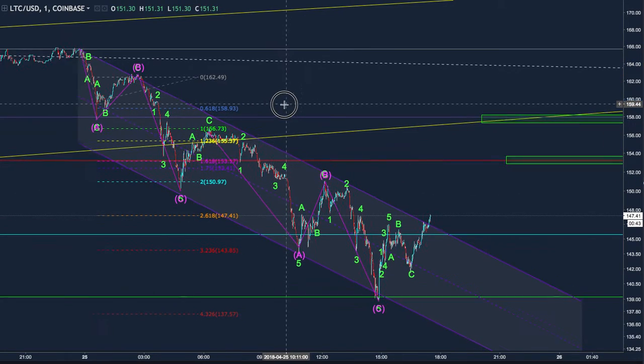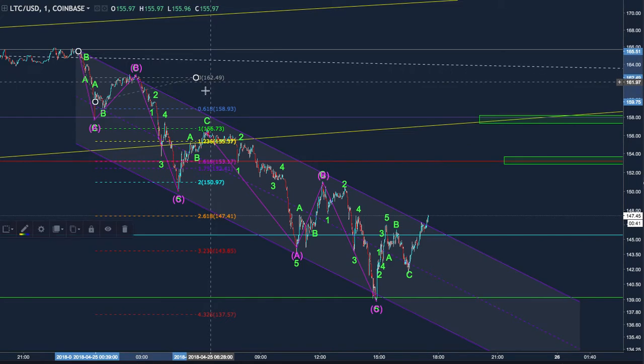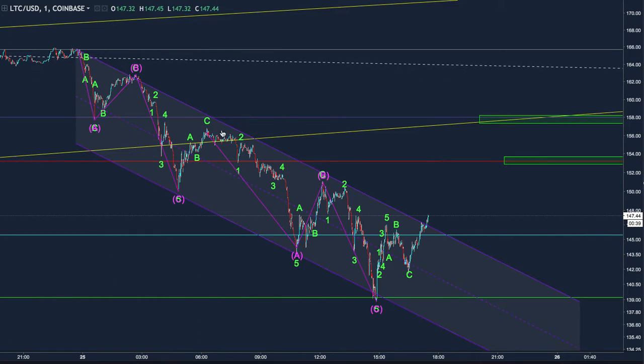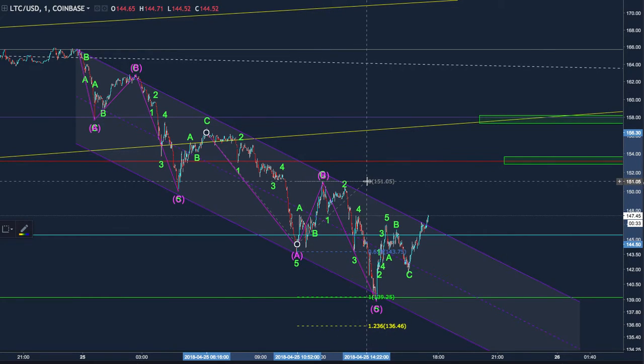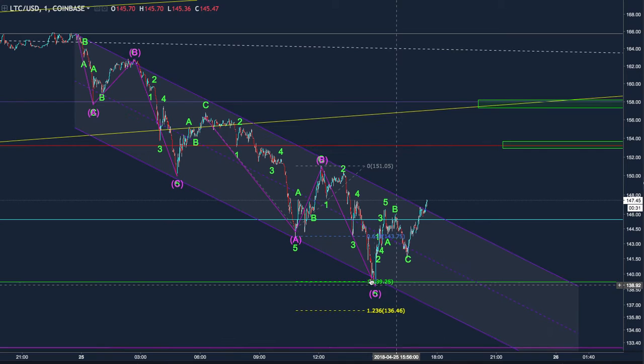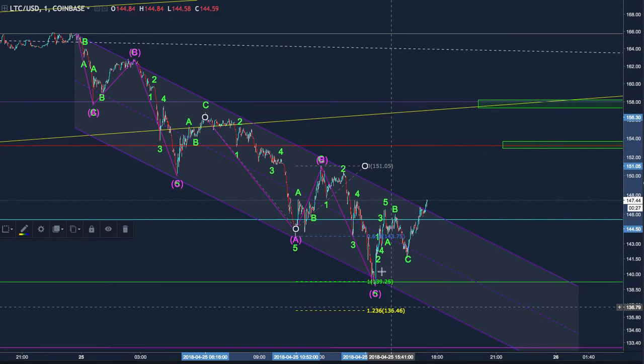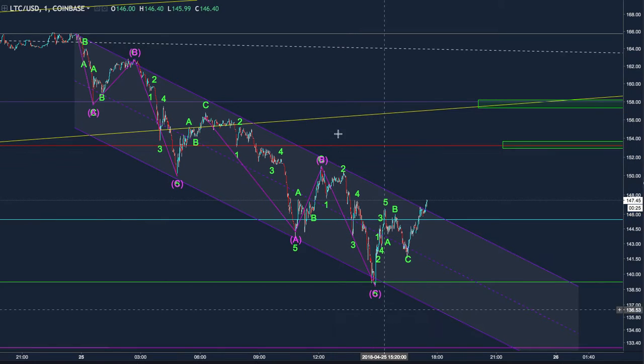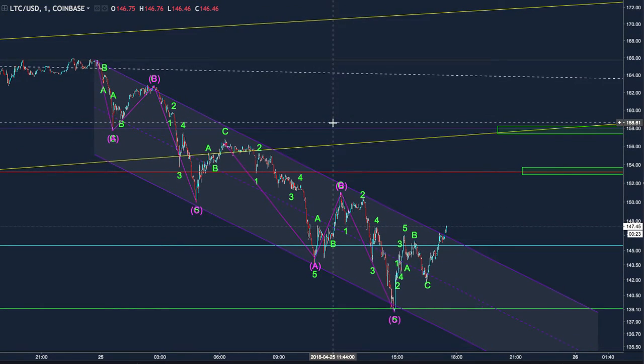It's more extended than I'd like to see, but when Bitcoin dumped, things got pretty bearish. So we go here, A to B. This is a 1.0 level, and that's much more typical of an ABC correction, right? So I think that although it's not perfect, the price structure makes sense, and the fib levels are within reason.